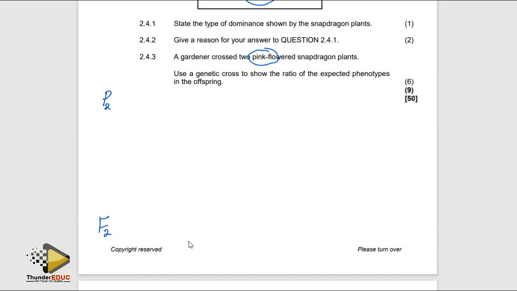Now for P2, you tell us the phenotype. The phenotype is pink. We cross it with another pink flower. The X must be like this, it must not be like this. Then you go to genotype. What's the genotype?